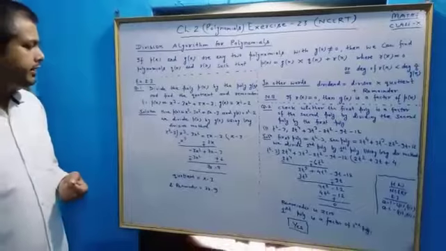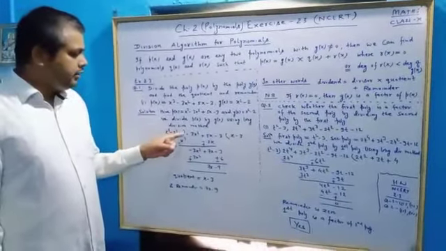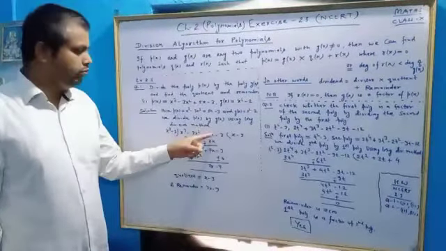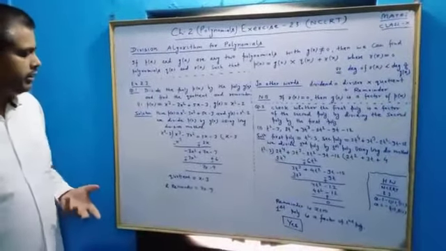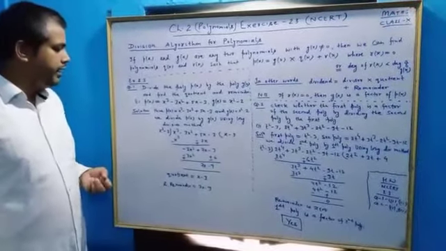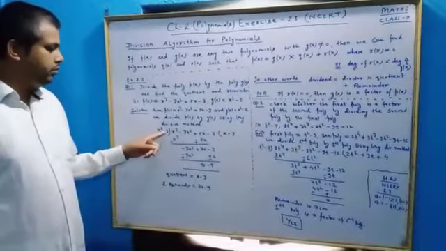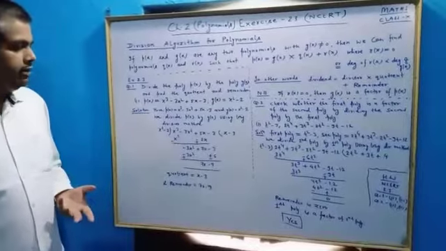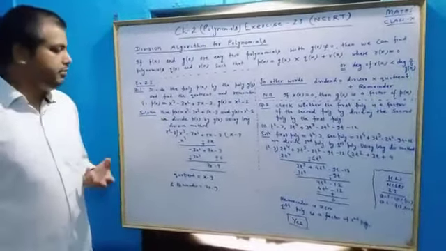Here we see that the degrees of p(x) are at first 3, then 2, then 1, then 0, so they are in descending order of degree. And in g(x), first power is 2, then 0. This is also in decreasing order of degree. Now we start the division process.